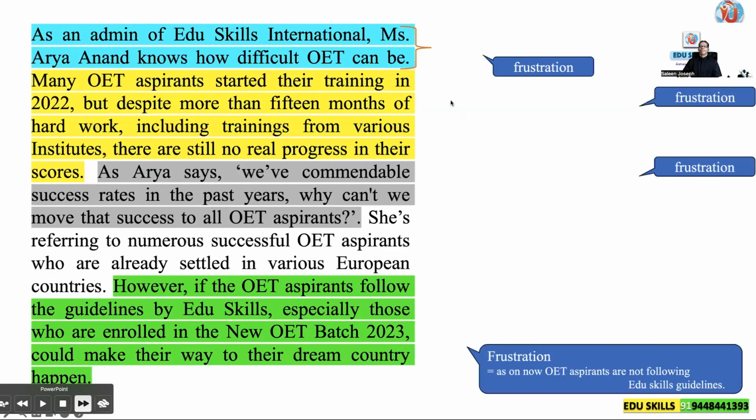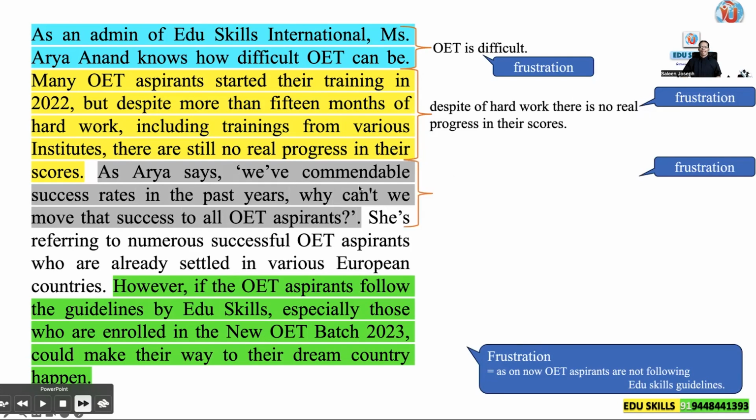See here. Now, the first portion: as an admin of EduSkills International, Mr. Arya Anand knows how difficult OET can be. That means OET is difficult, right? The second sentence says, despite hard work, there is no real progress in their scores. Again, frustration. The third sentence says, we feel helpless that we are not able to make all OET aspirants successful. Again, frustration.